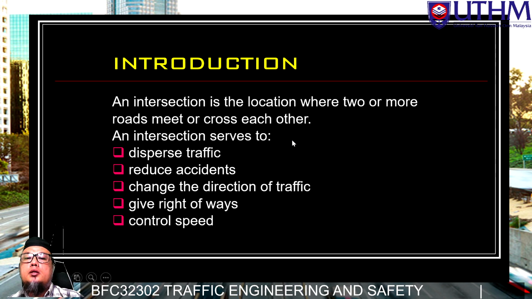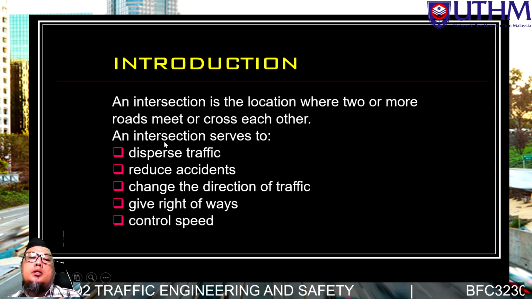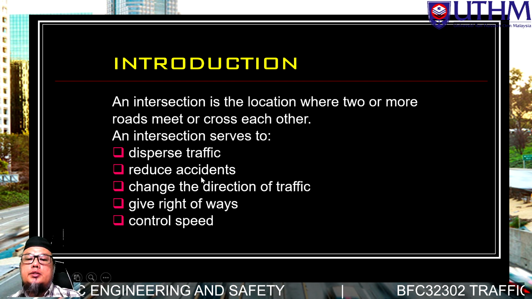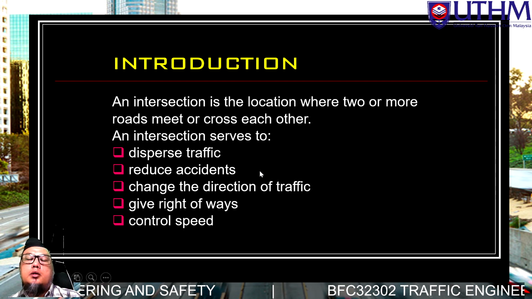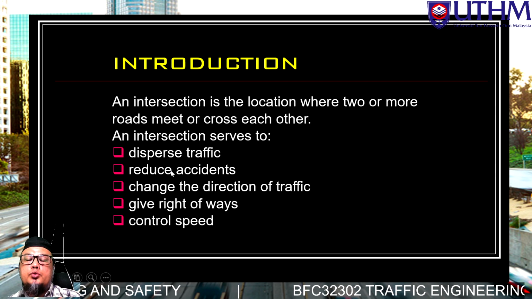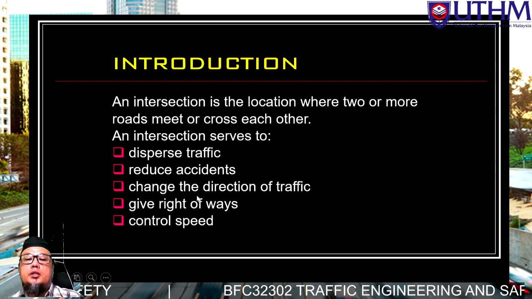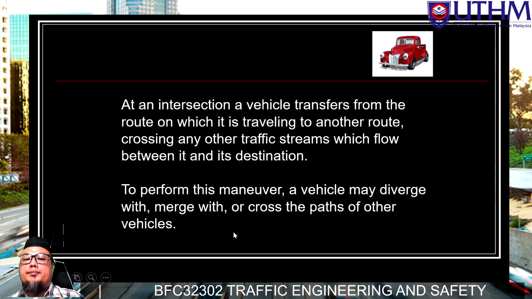Lebih kurang macam tu lah kan, persimpangan kan. Okay, apa fungsi persimpangan? Intersection serves to disperse traffic, reduce accidents, hopefully. It is supposed to reduce accidents, change the direction of the traffic, obviously, give right of way and control speed.